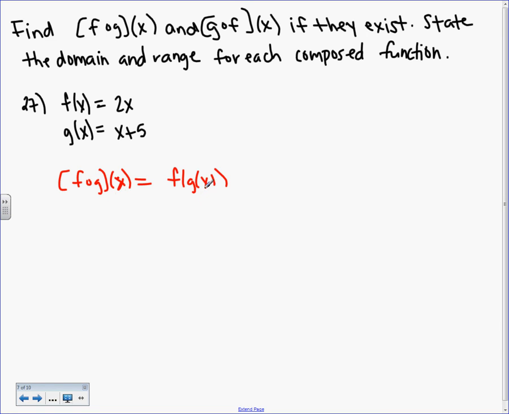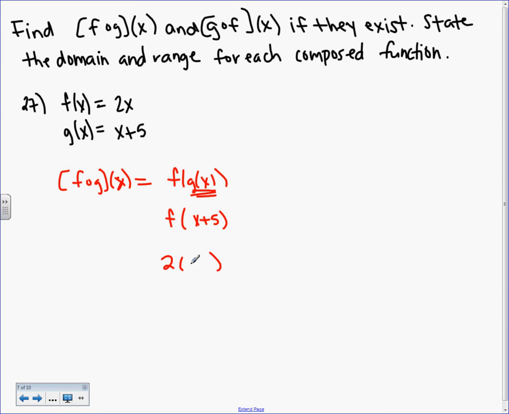Okay? This comes first. What is g of x? x plus 5. I literally just replaced g of x with x plus 5. Is everybody okay with that? Usually this would say f of what? F of x is usually what it says. So this means go to your f function, which is 2x, right?